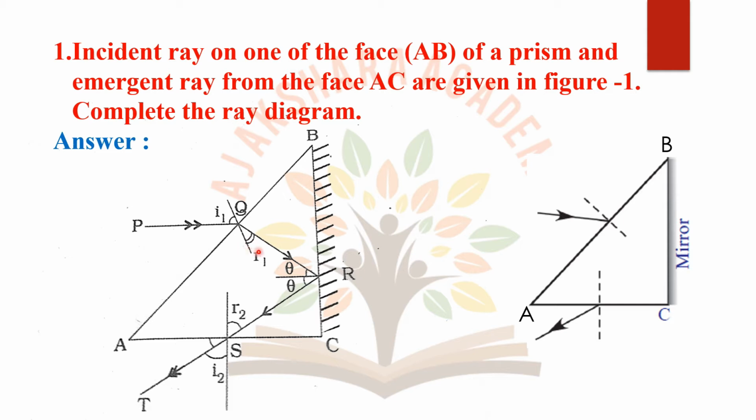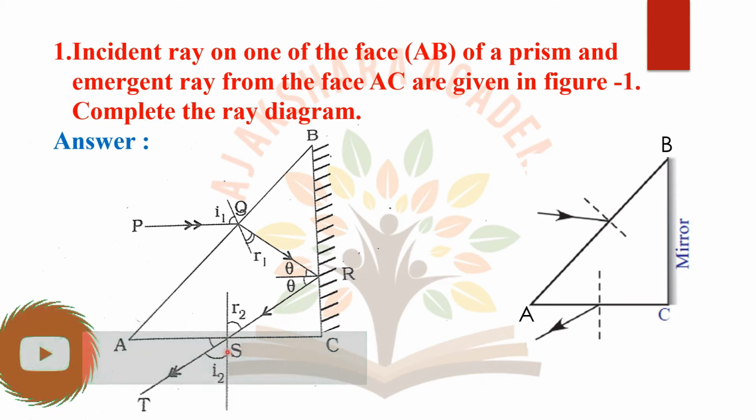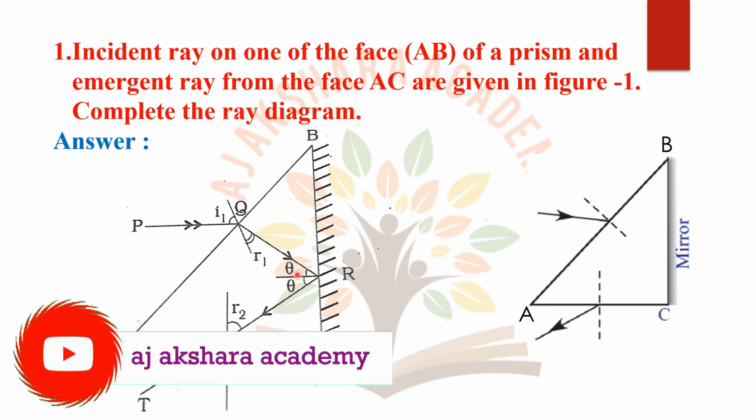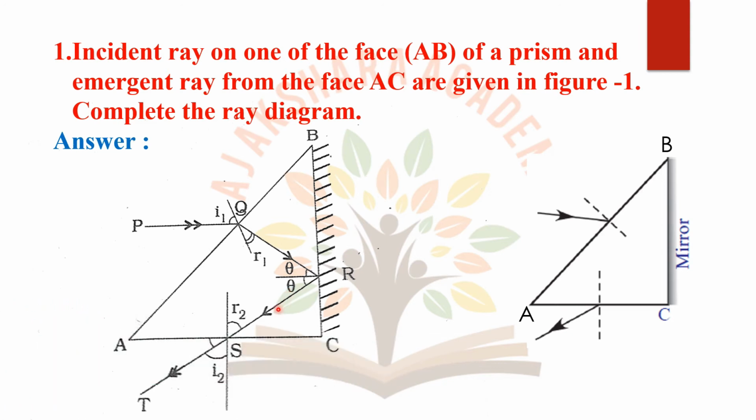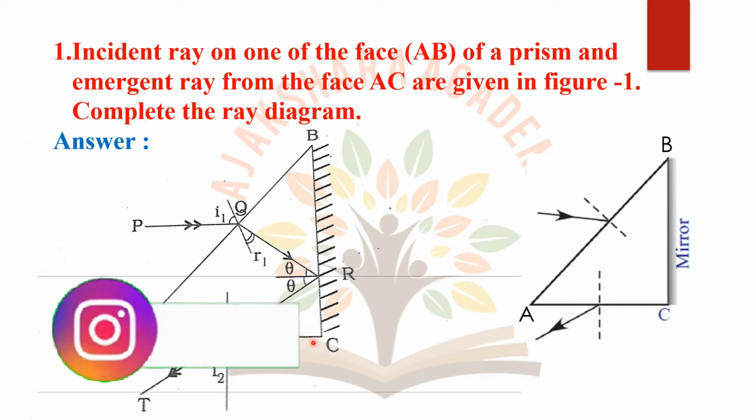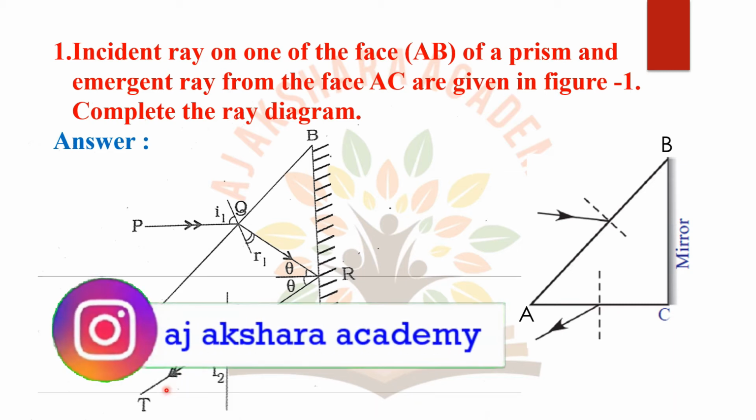taking the refracted ray. Now it becomes the incident ray, that is QR, and here this is the mirror and it reflects. Theta are the angle of incidence and angle of reflection. Again RS is the incident ray on the other face of the prism and again it refracts.